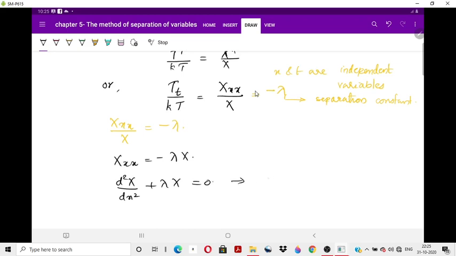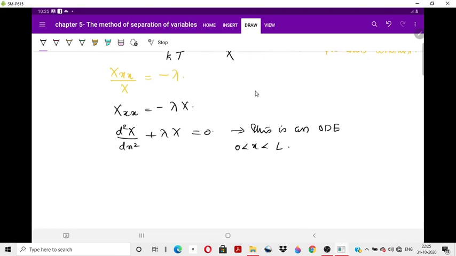This is an ordinary differential equation, where 0 less than x less than L.